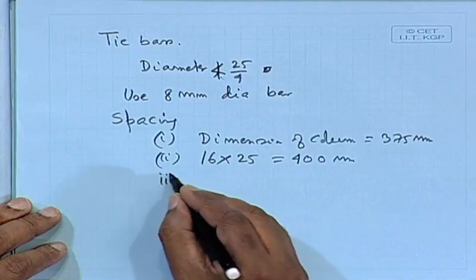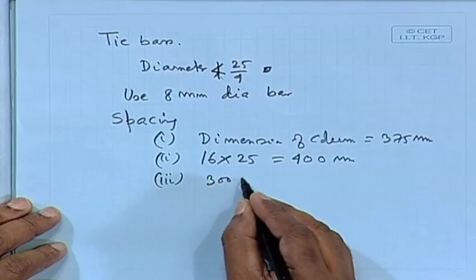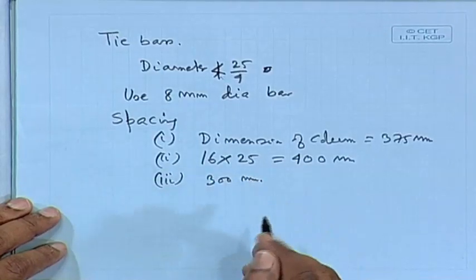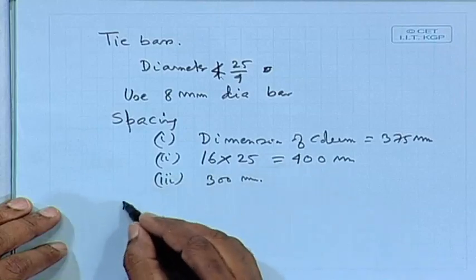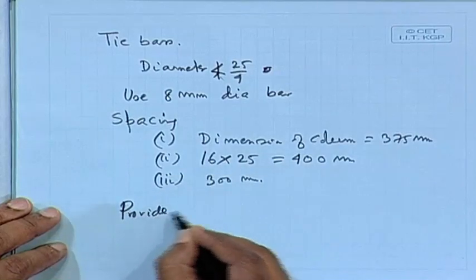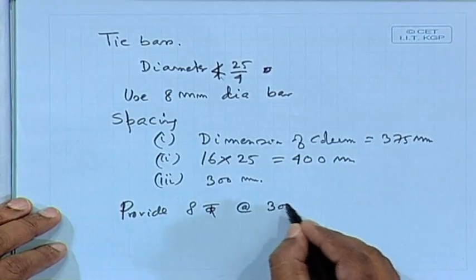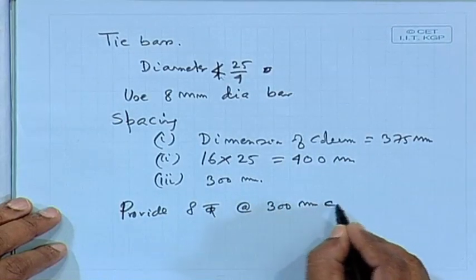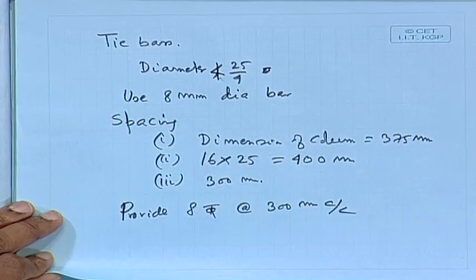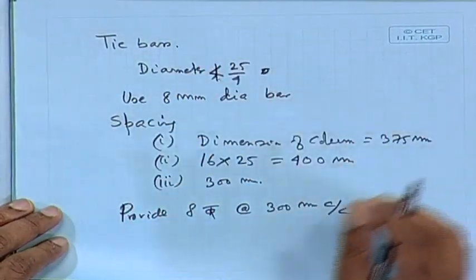Number 3, our code says 300 millimeter. So, we can provide 8 torr at the rate of say 300 millimeter center to center. So, this is what we can provide for tie bars.